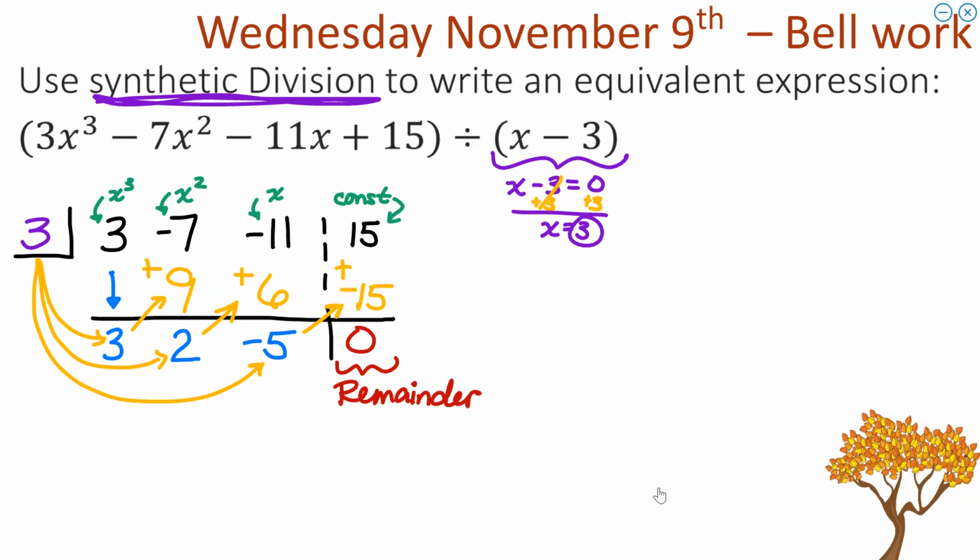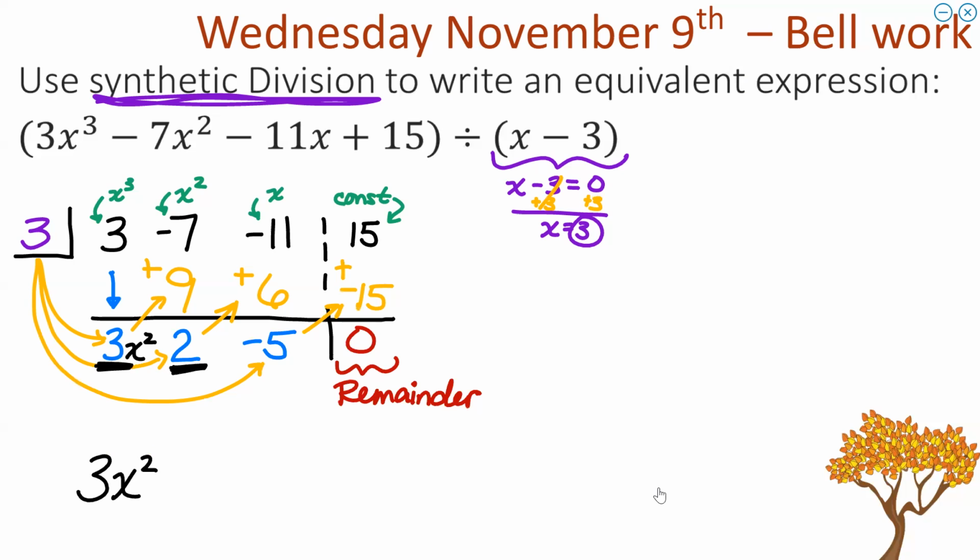All right, so the directions said use synthetic division to write an equivalent expression for this division problem. So I have these numbers down below, 3, 2, and -5. What do I put with this 3? X squared. It had been an x cubed. After I do this synthetic division, it drops a degree. So 3x squared.